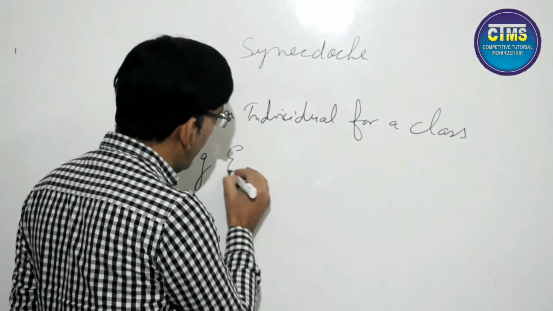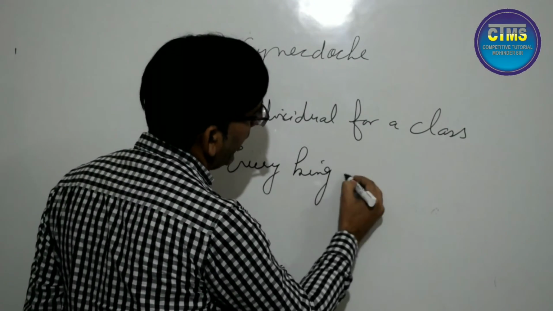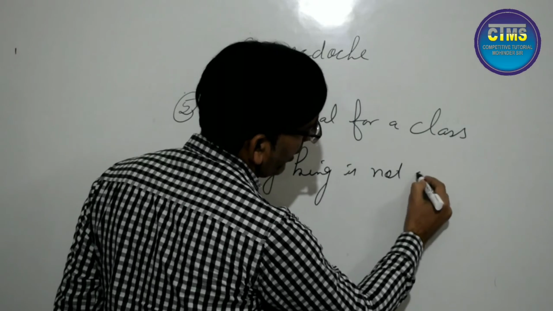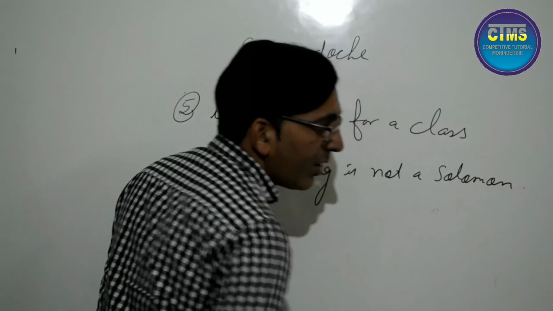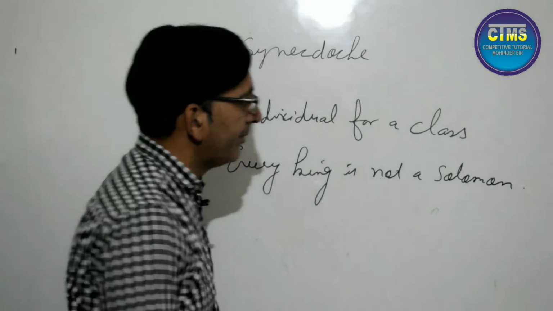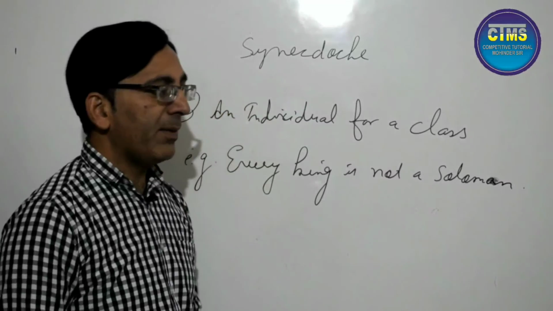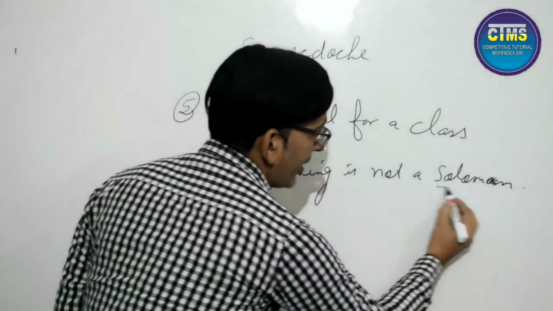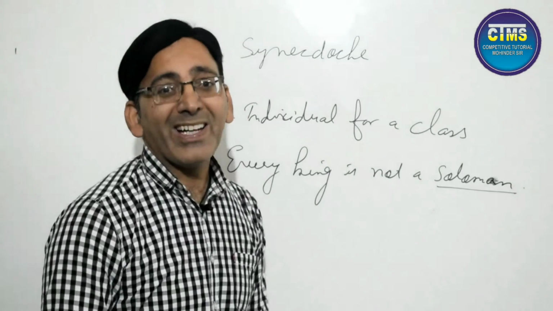For example, we normally use this sentence: every king is not a Solomon. So what do we want to say? Who was Solomon? Actually, Solomon is a proper noun, and Solomon was a wise king.